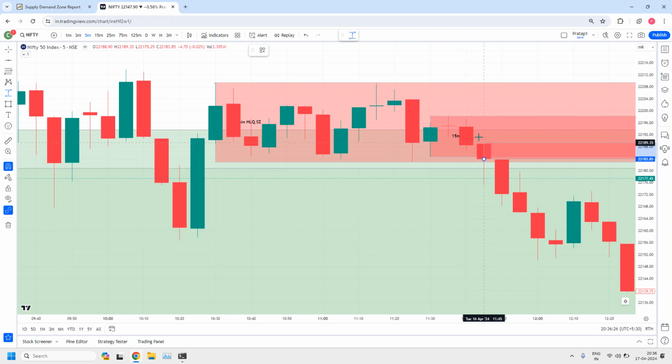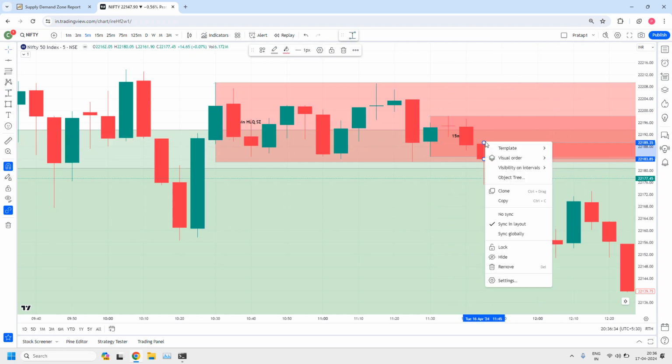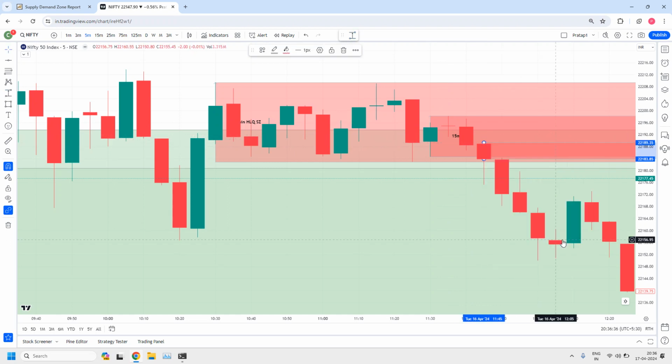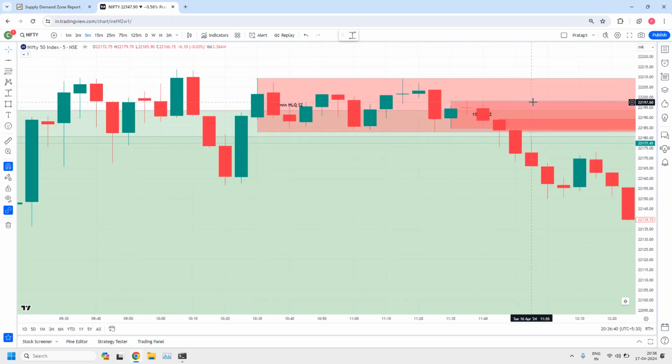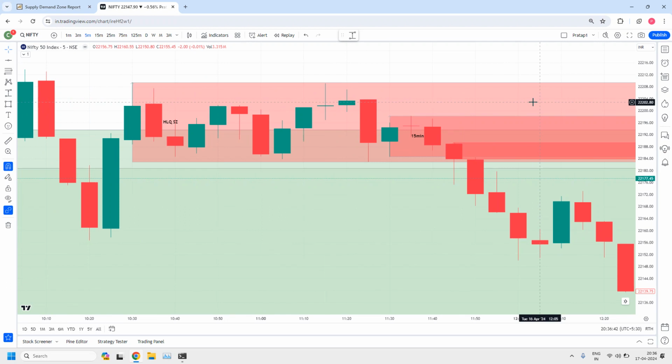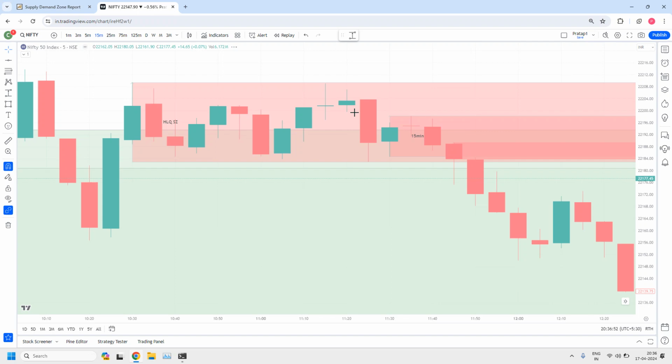So this is the way you can draw. See, all these are part of this order flow only, but okay, this could be a supply zone. We have a drop, base, drop. And here also we have a rally, base, drop, but the 15 minutes structure is not here in this area, right?